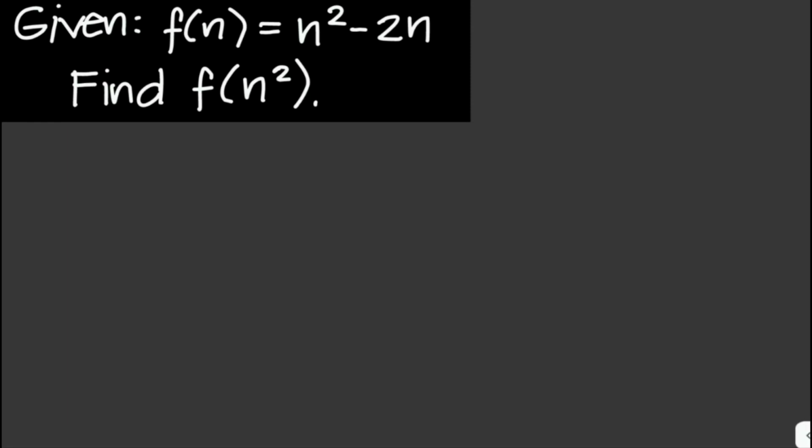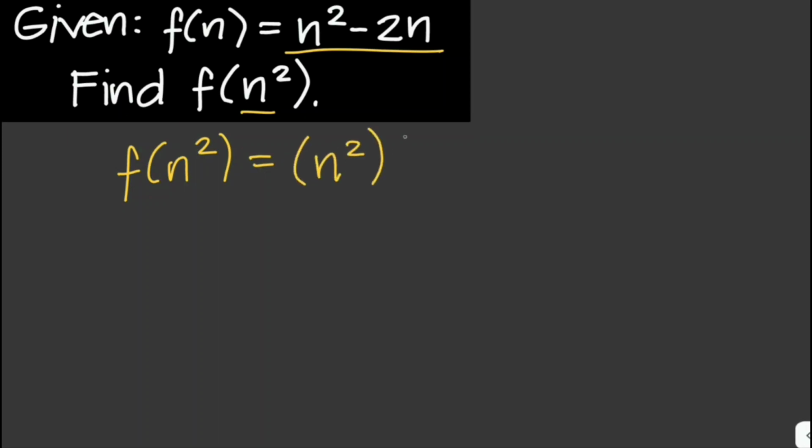Okay, another problem here. We're given f of n equals n squared minus 2n. And we just have to find f of n squared. Again, we substitute the value of n squared, the value of our input, to the equation. So f of n squared is just equal to n squared squared minus 2 times n squared.